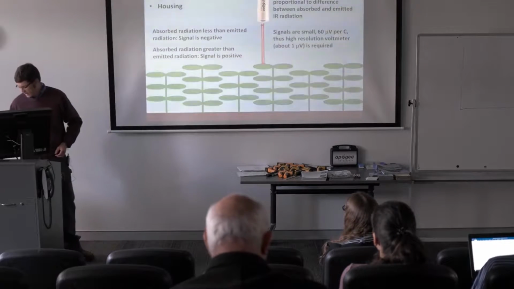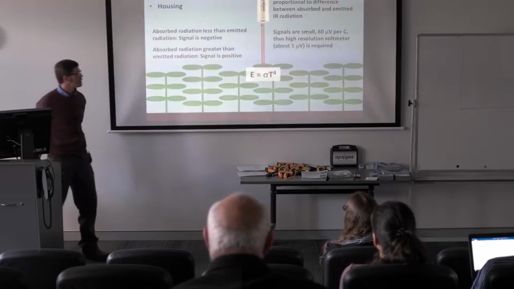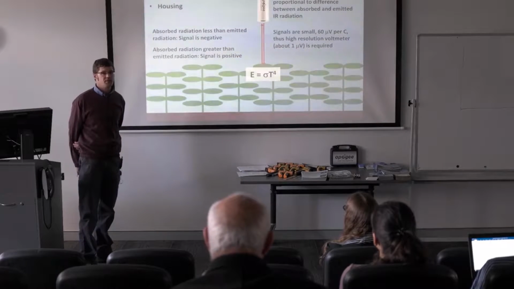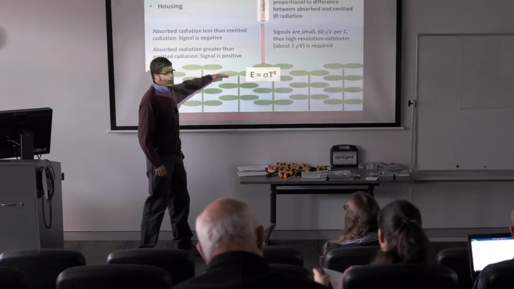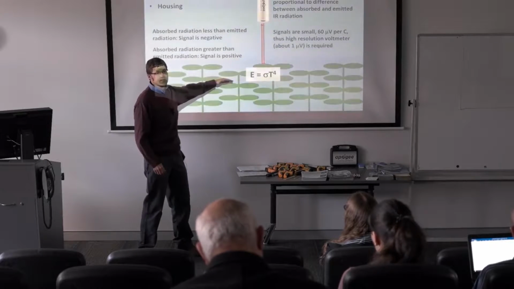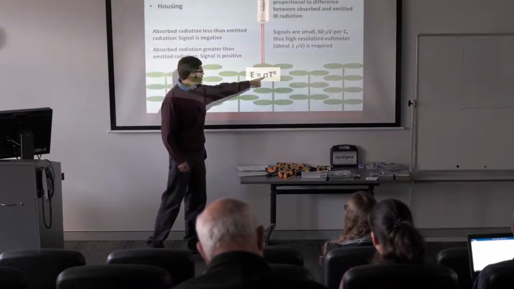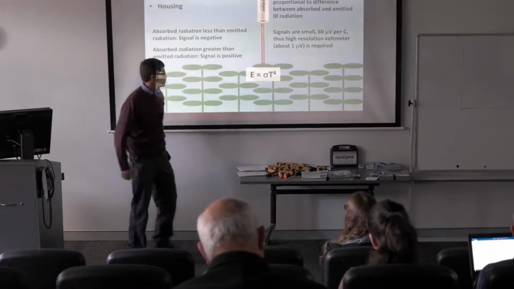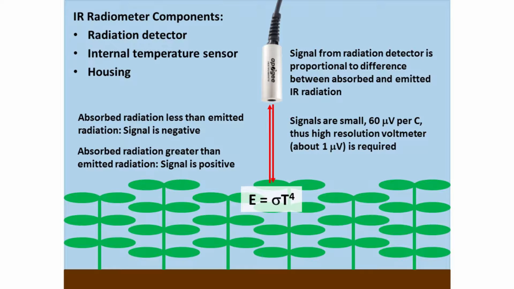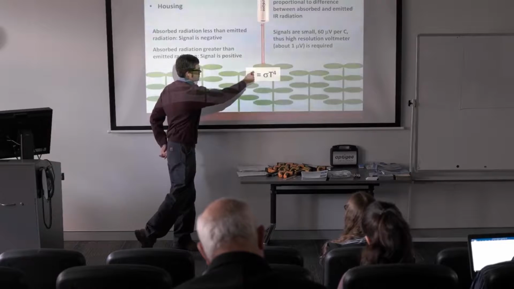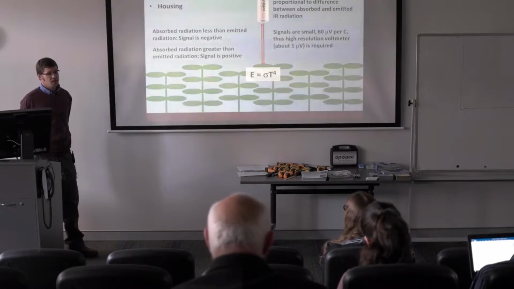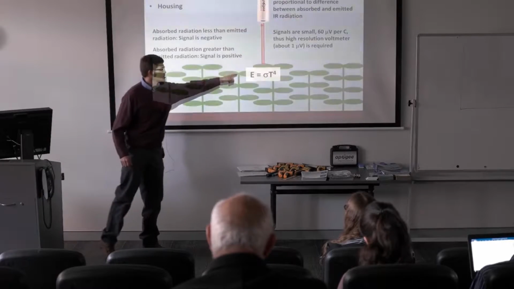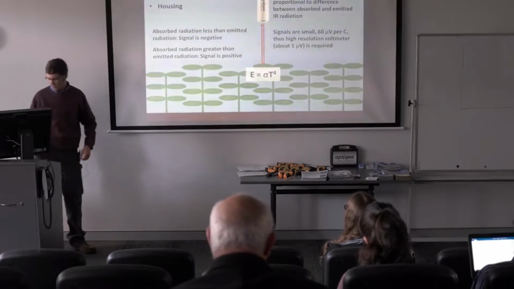And the actual equation that quantifies the relationship between the two is called the Stefan-Boltzmann equation, where the energy emitted by an object, in this case a plant canopy, is equal to a constant, sigma, times the fourth power of the absolute temperature. So if we're able to measure the radiation being emitted, or the energy being emitted by an object, then we can calculate the temperature. And that's the basic premise for how these infrared sensors work.